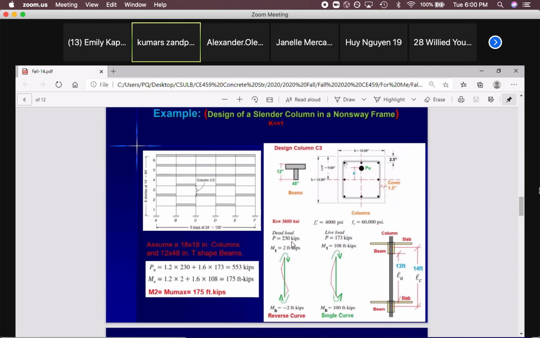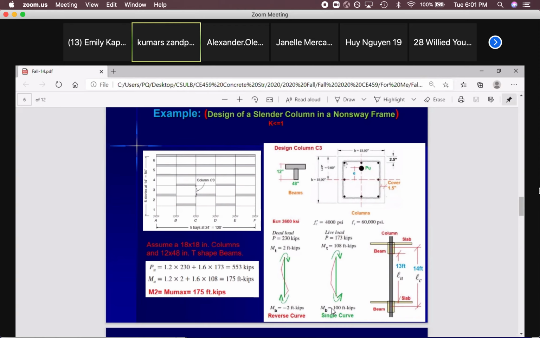Dead load 230, live load 173, M top 2 kips, and these are the directions that we got from the analysis by hand or a machine, doesn't matter. They gave us positive, but this is this direction. Then on this side, again, we got positive, but doesn't matter.